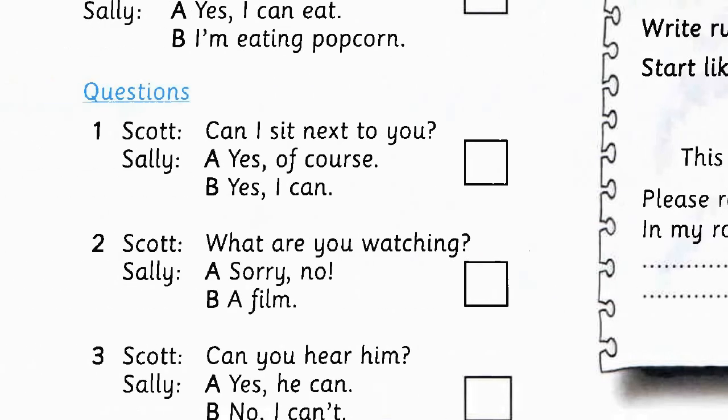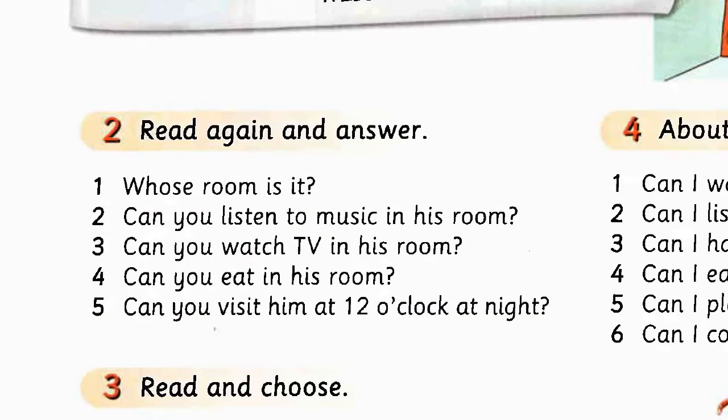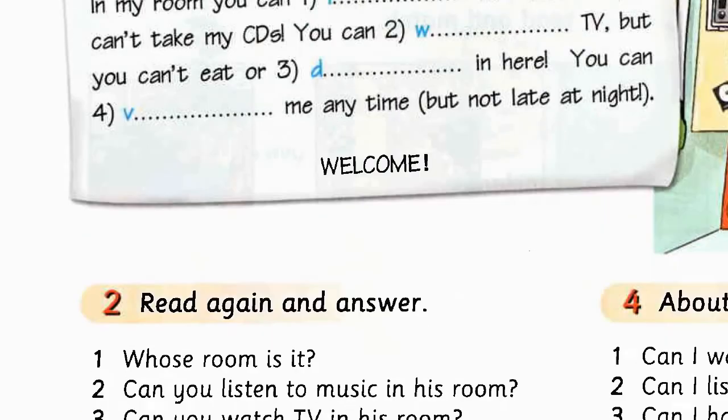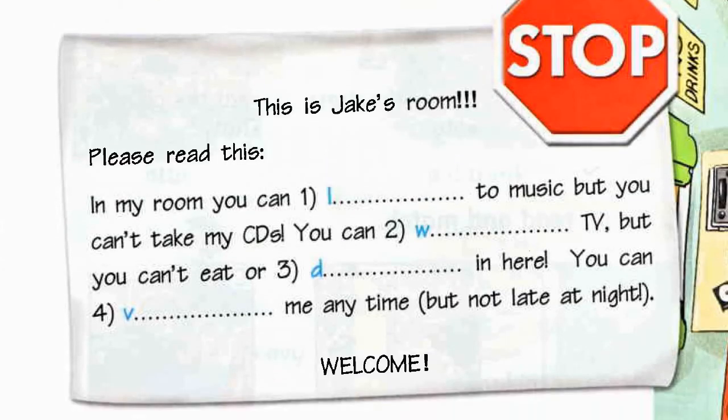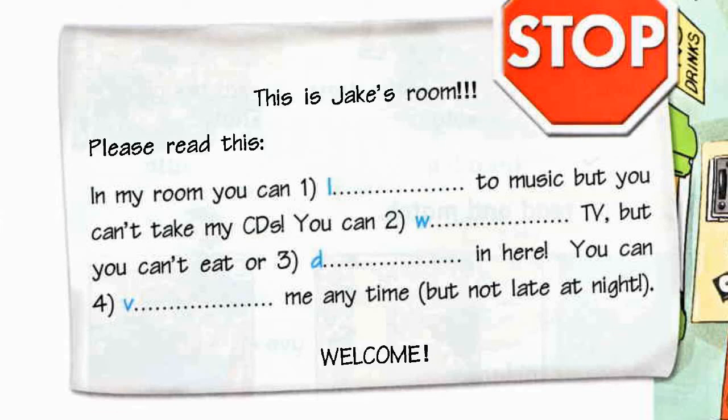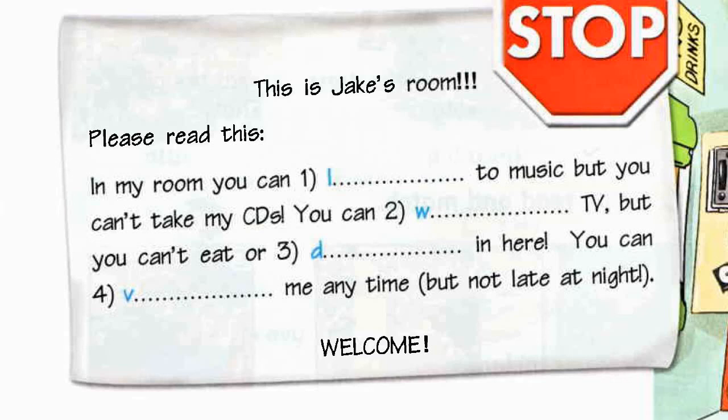Look at here. You can copy this writing from the Jake's. Look at the Jake's here, exercise number 1 from the same page. In my room, you can listen to music, but you can't take my CDs. You can't watch TV, but you can't eat or drink.